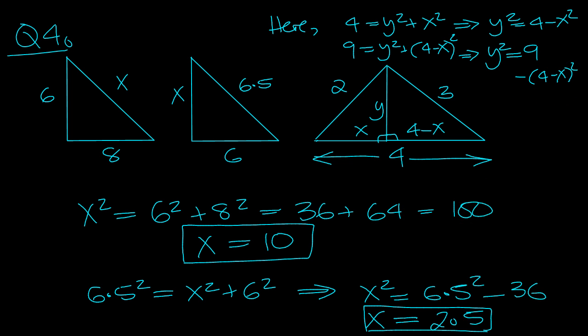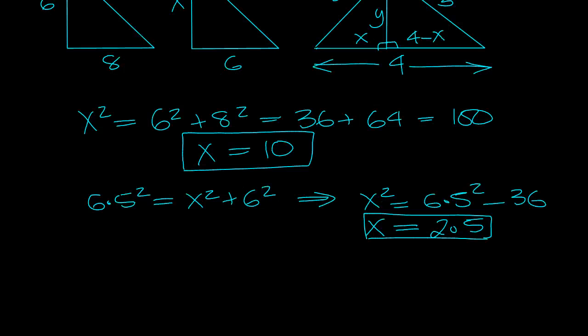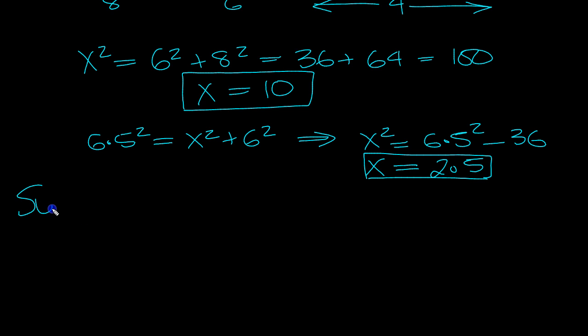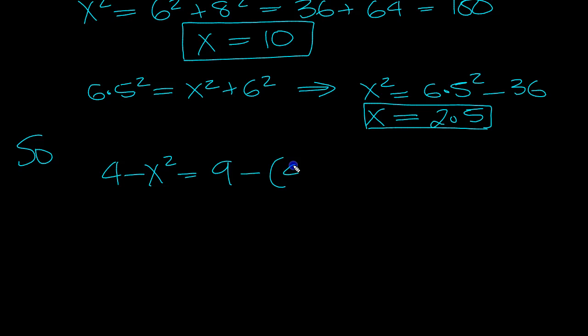So we've got an equation, haven't we? Because we can replace the y squareds by this. The y squareds are equal, so this must equal that then. So 4 minus x squared is equal to 9 minus 4 minus x, all squared.